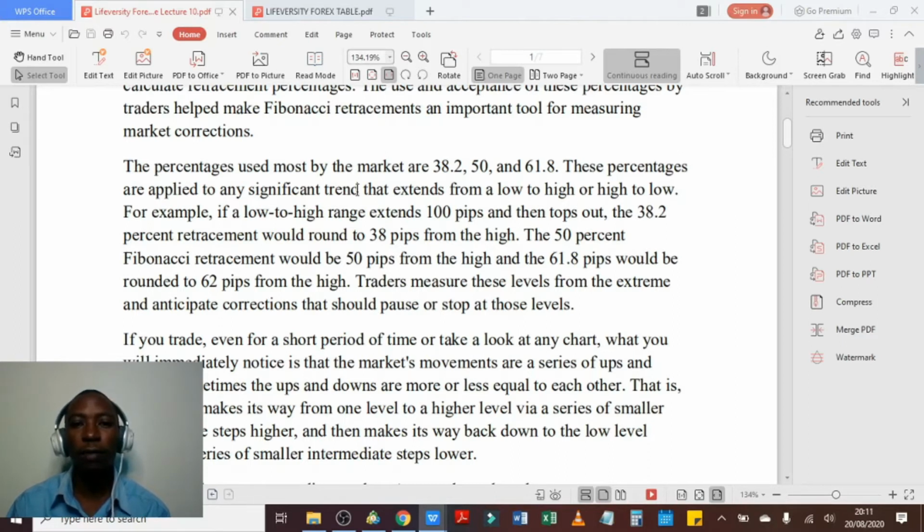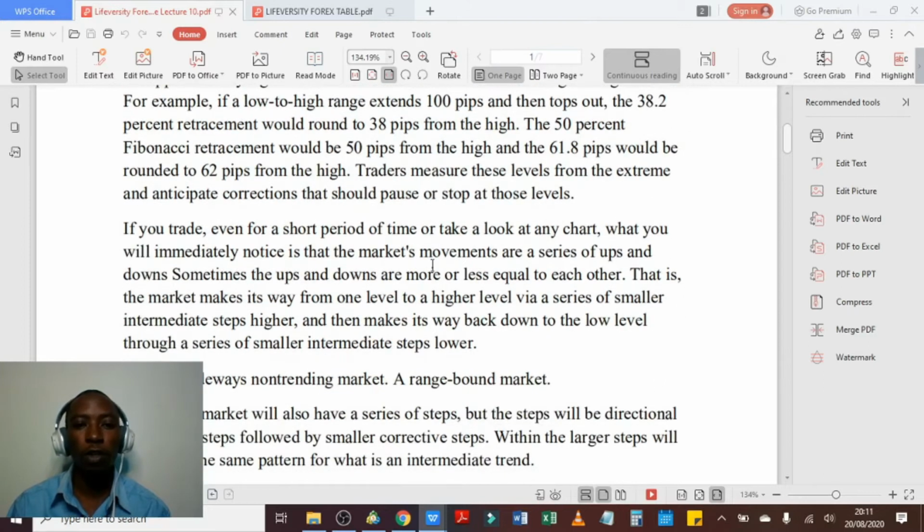Traders measure these levels from the extreme and anticipate corrections that could pause or stop at those levels. So we usually use these Fibonacci levels to predict support, most importantly, and areas of resistance for that matter.